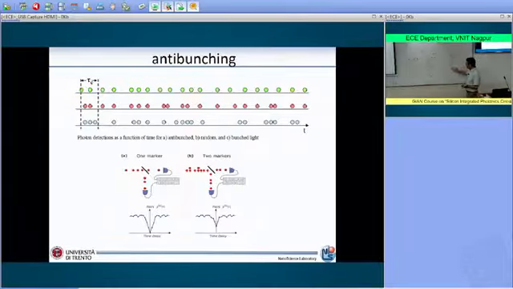And now what you do is try to do a correlation between the two detectors. What does a correlation mean? It means that you have a signal that is high if both detectors click, and so you say the correlation is 1 because we had a click here and we had a click there.